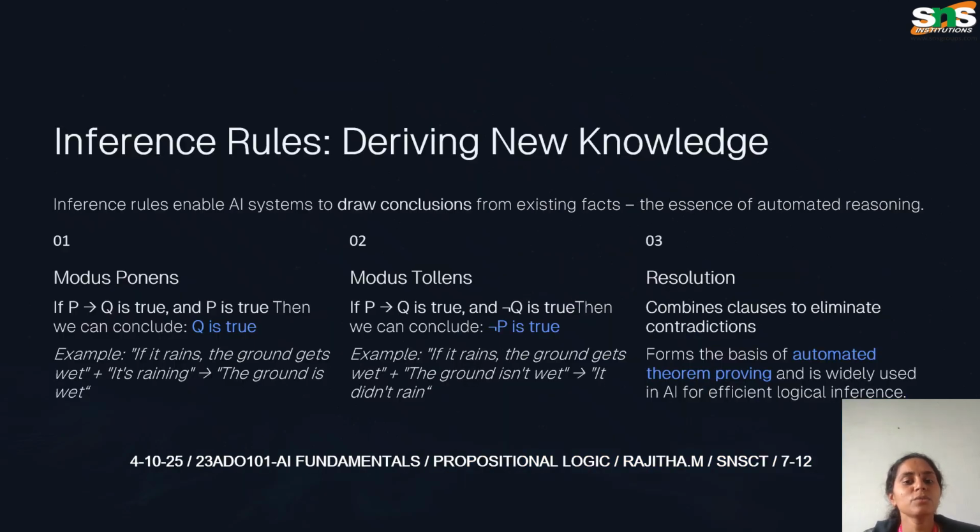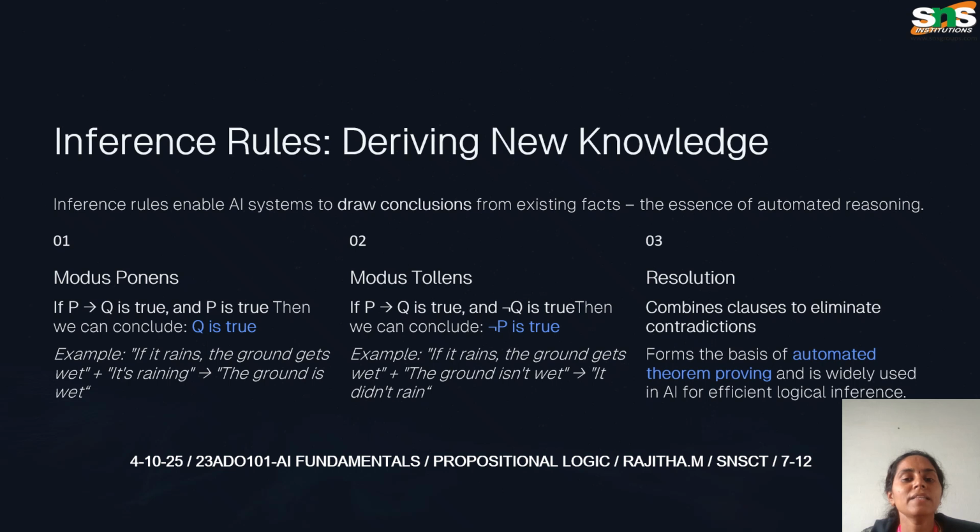Inference rules: deriving new knowledge. Inference rules allow AI to draw new conclusions from what it already knows. The three main rules are modus ponens, modus tollens, and resolution. Modus ponens: if P then Q is true and P is true, then we conclude Q. Example: if it rains, the ground is wet; it is raining, so the ground is wet.